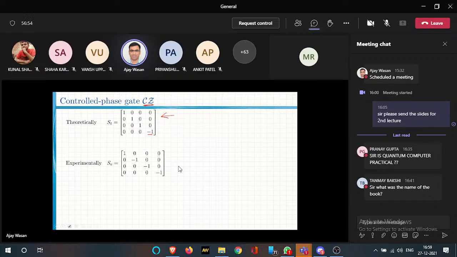But when we are doing the experiments, results are coming different. So that type of care we have to take during the experiments. Theoretically we are learning this, but experimentally we are getting a matrix like this.